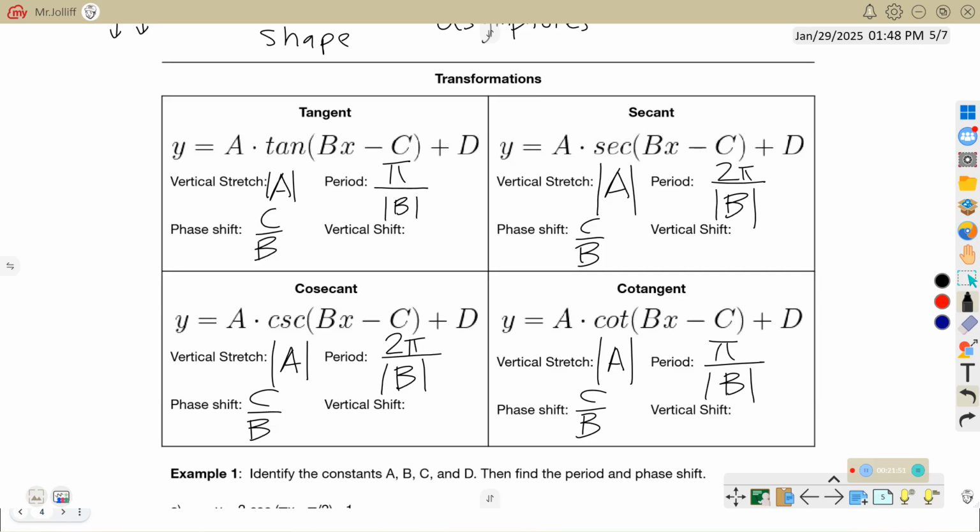So we're still shifting sideways by C over B. What are we doing vertically? Which one shifts up and down? D. Same here. D is going to shift it up or down by however much D is.